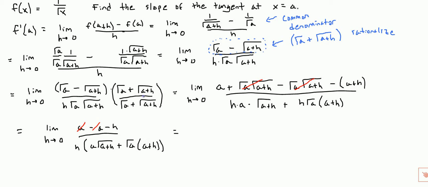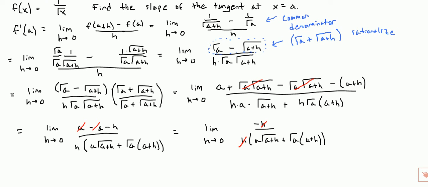So now we have the limit as h approaches 0 of negative h over h times a root a plus h plus root a times a plus h. And this is the key cancellation when that h term disappears from the denominator.